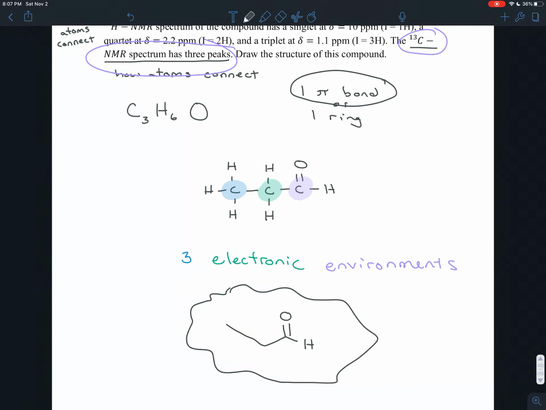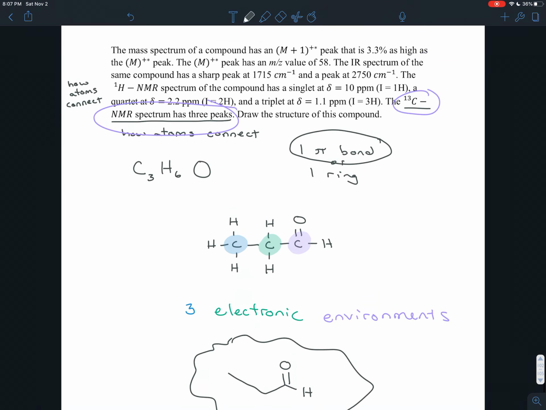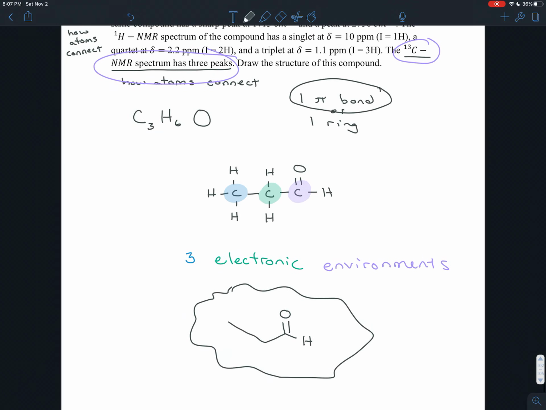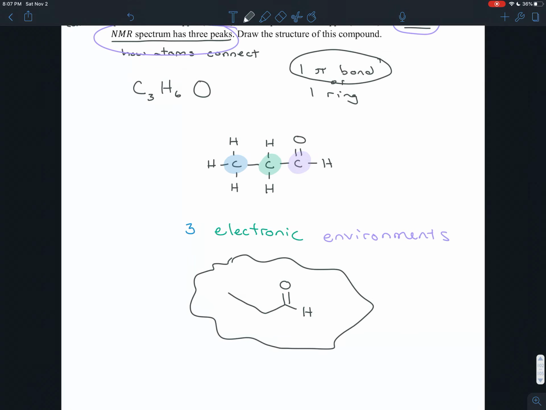That beautiful, beautiful structure. So all you did was take a sample, it would be like a clear liquid, then you put it in 3 machines. You put it in a mass spectrometer, an IR spectrometer, an NMR spectrometer, and a carbon-13 NMR spectrometer, and you are able to conceptually visualize the molecule.